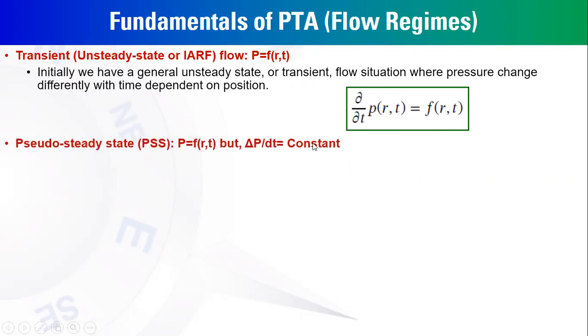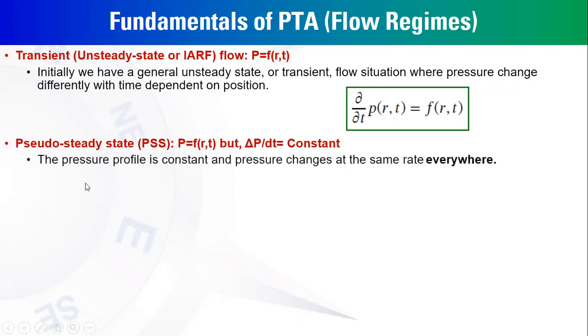So in the transient, the pressure transient actually hasn't reached the boundary. But once the pressure transient has reached the reservoir boundary, we have pseudo-steady state, or the boundary dominated flow. In that flow regime, the rate of change of pressure with time will be constant: partial P by partial t equals constant.